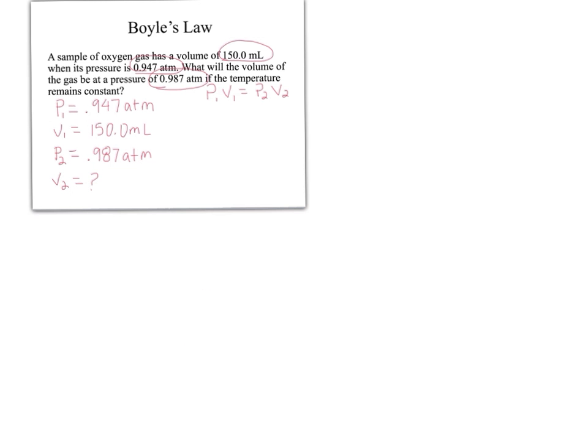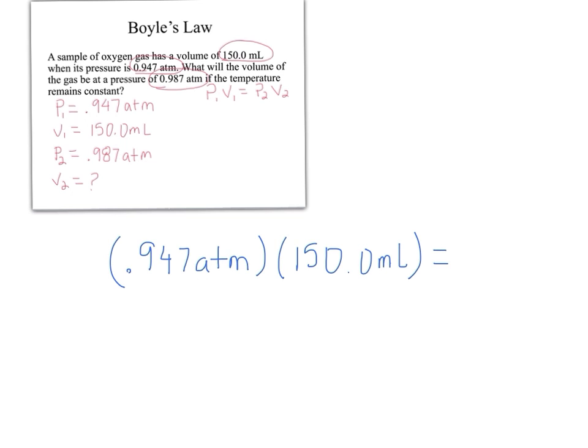Okay, so let's plug in. So, pressure 1 equals 0.947 atm. We're going to multiply that by volume 1, which is 150.0 milliliters. All this is going to be equal to our pressure 2, 0.987 atm, times our V2.